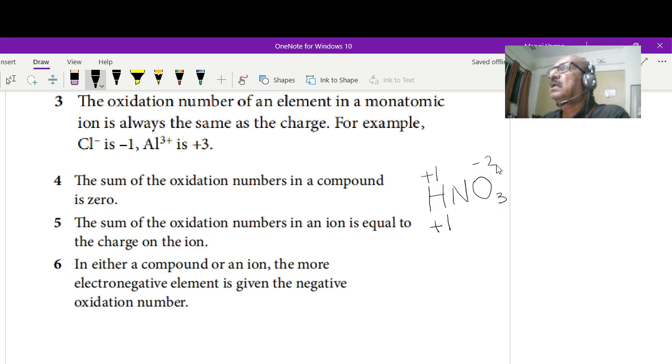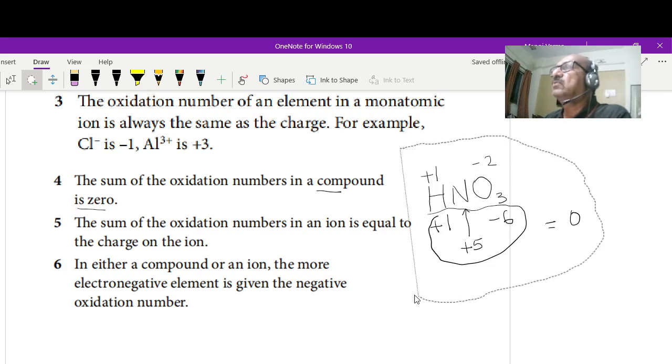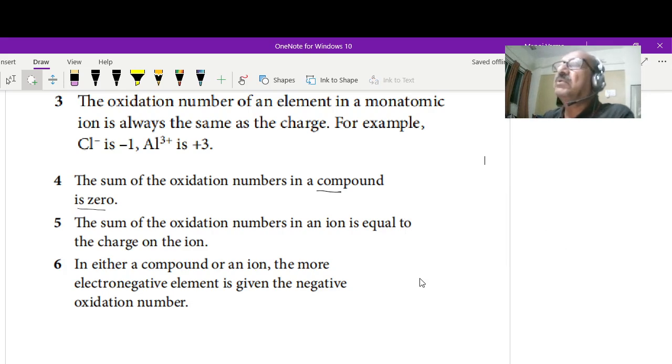Oxygen is -2, there are 3 oxygens, so -6. So what should be the value for nitrogen? Obviously the answer is +5. Why? Because the sum should be equal to 0. It's a compound, so the sum of the oxidation numbers is 0. See this: +6 and -6 gives 0. This rule can be applied to any compound, whether it is HNO3 or any other.